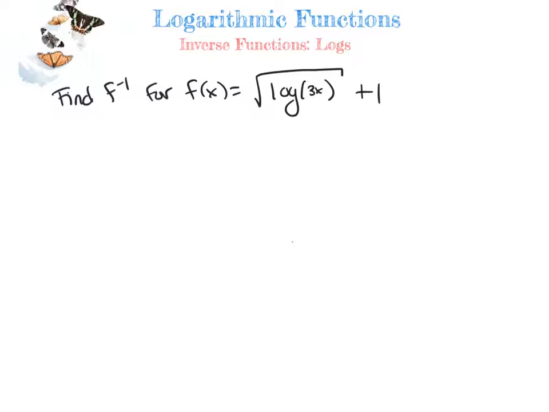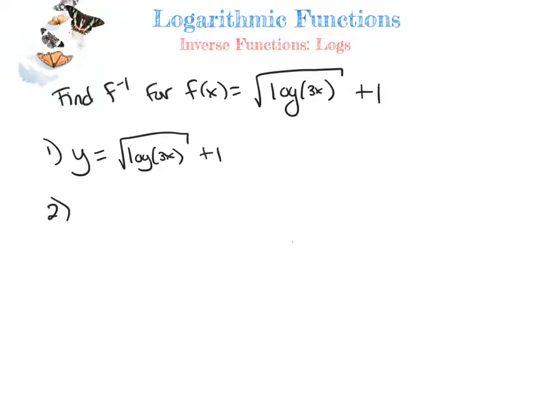Let's find the inverse function for f of x equals the square root of log of 3x, plus 1. First step, replace f of x with a y. So y equals the square root of log of 3x, and then plus 1.